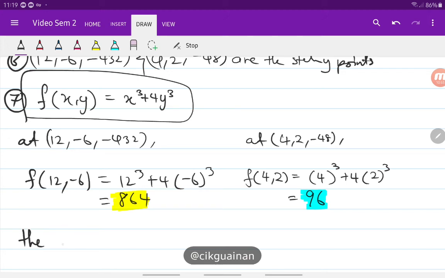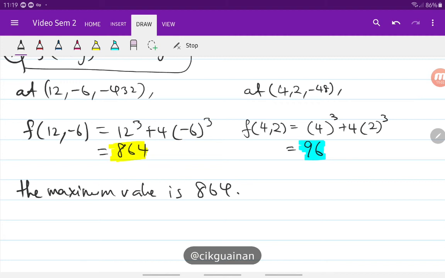The maximum value is 864. And this question also wants the minimum value, so write also the minimum value is 96.